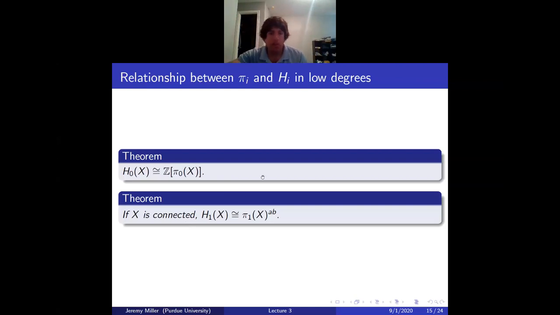But there's one caveat. This theorem is not true when x is not connected. If x is not connected, the theorem is true for each path component. Whenever I say connected, I probably mean path connected, because this is algebraic topology, so connected is not an important notion.